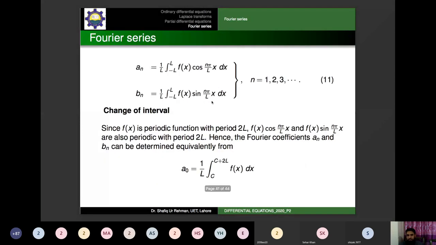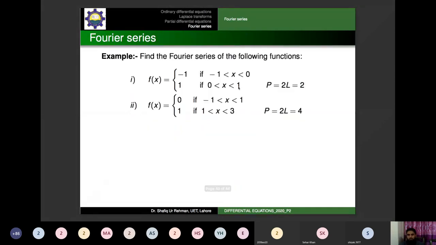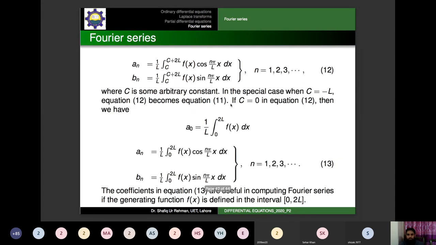In this case, as a particular case, P is equal to 1 minus minus 1, which means 2. So P is equal to 2L is equal to 2. From here, you calculate the value of L. L is going to be 1 in this case. So if L is equal to 1, you have every sort of formula.